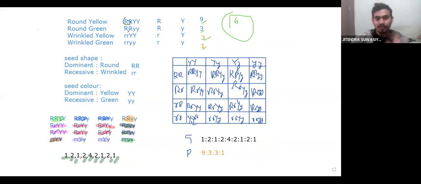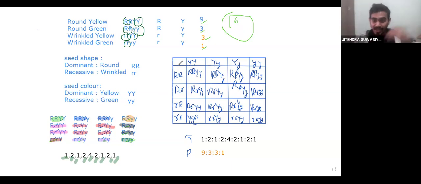Capital R is for the round shape, and small r is for the wrinkled shape. Here capital Y is the dominant yellow, and small y is for green. After the crossing, the characters of seed shape and seed color were independently assorted.